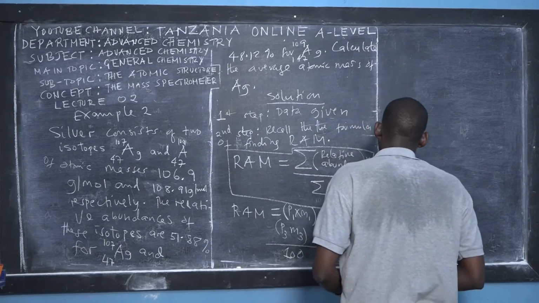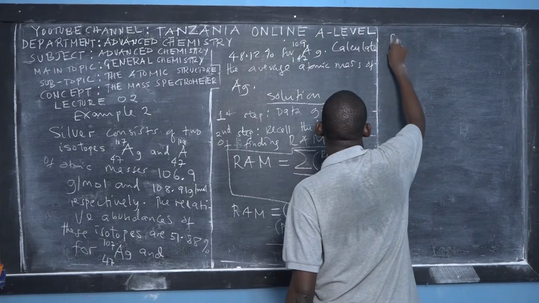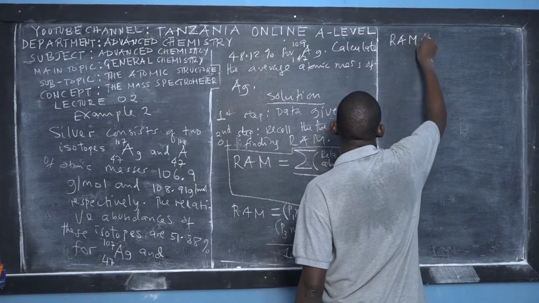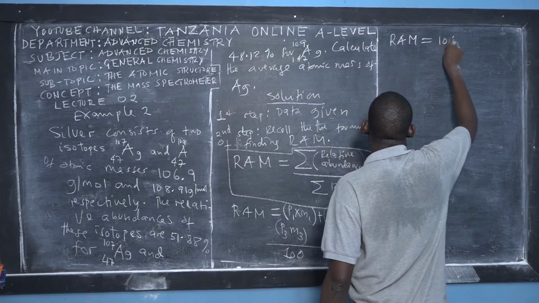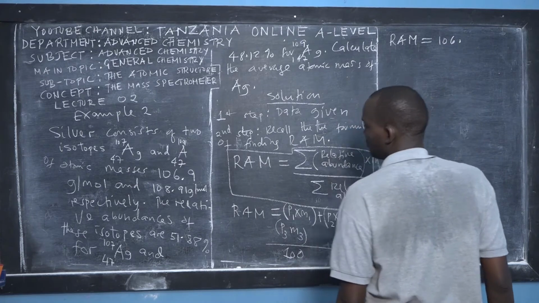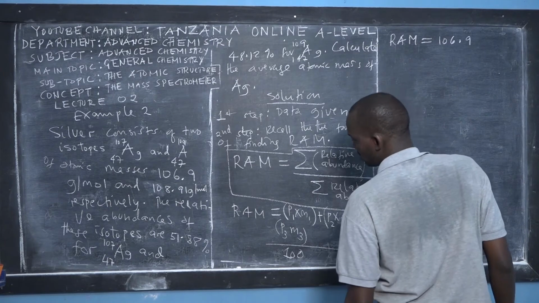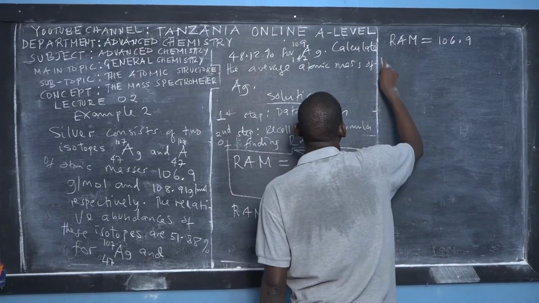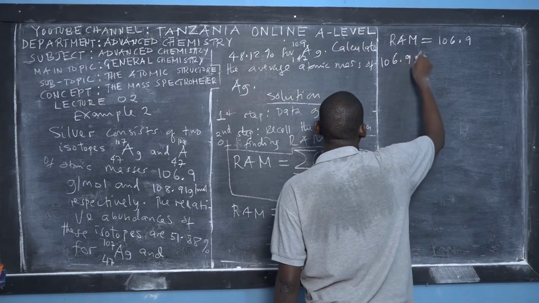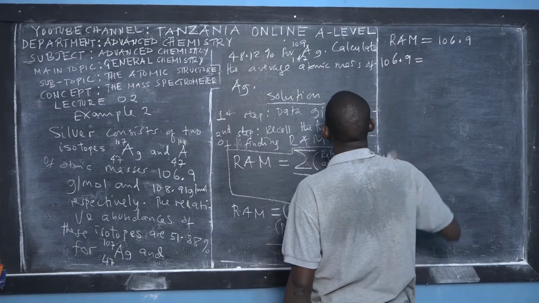So we said that the relative atomic mass is equal to 106.9. So we introduce it in position. This is equal to what?